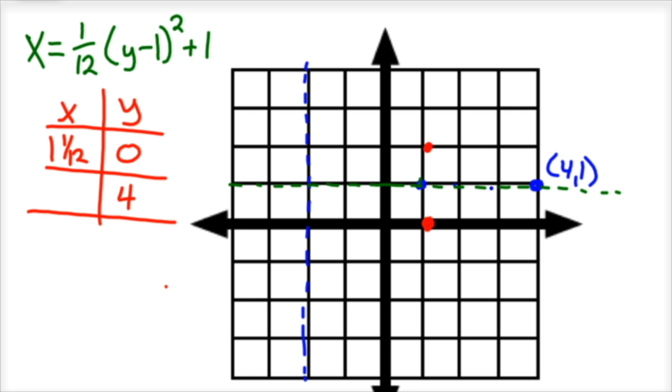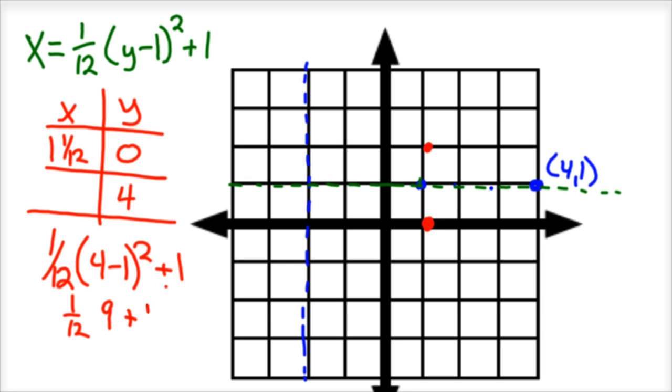And so for 4, we have 1/12 times (4 minus 1) squared plus 1. So we'd have 3 squared, so this becomes 9 times 1/12 plus 1.